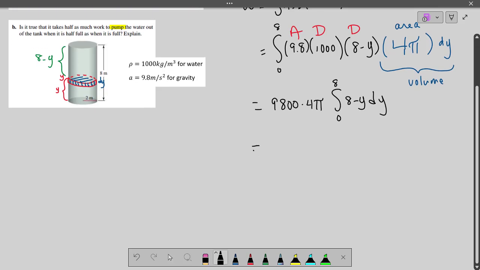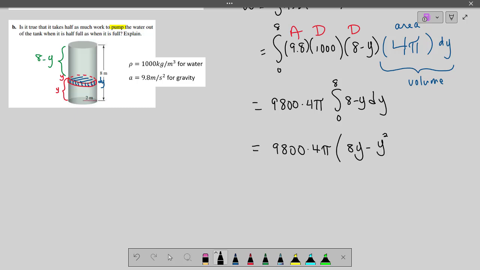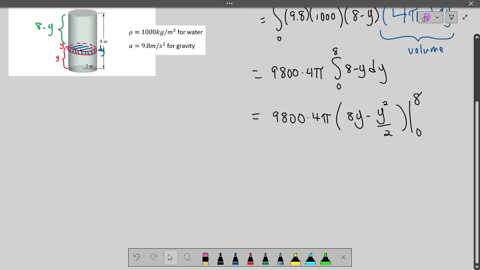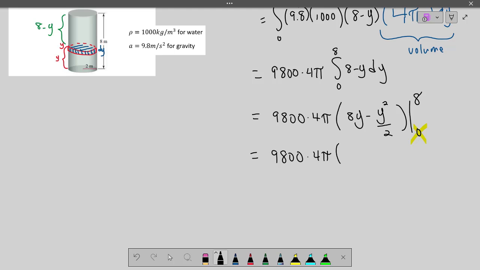All right, so let's just leave these constants out in front for a minute. Maybe some cancellation will occur, who knows? So this will be 8y minus y squared over 2, from 0 to 8. Plugging in 0 contributes no work. Plugging in the 8. We're going to have 64 minus 32. 64 minus 32 is 32.